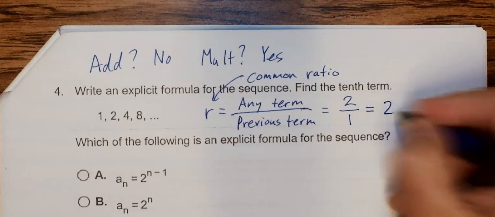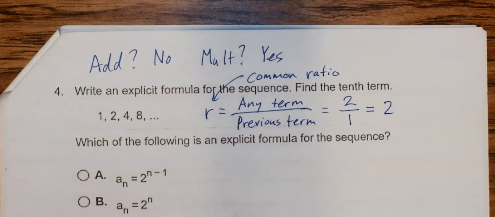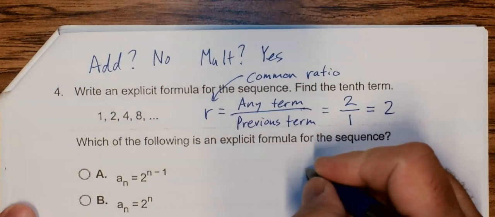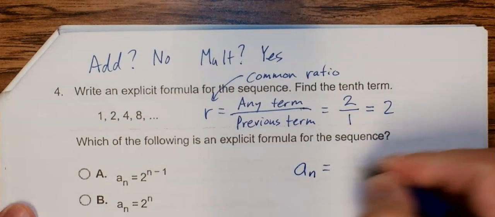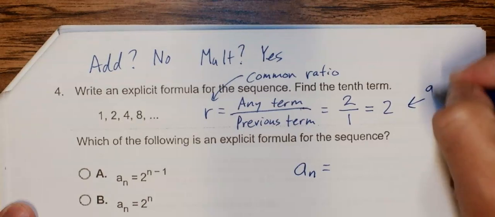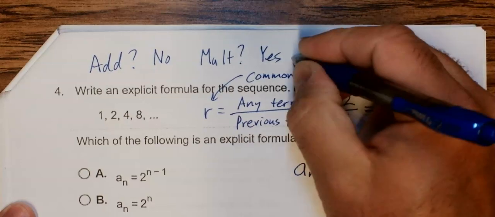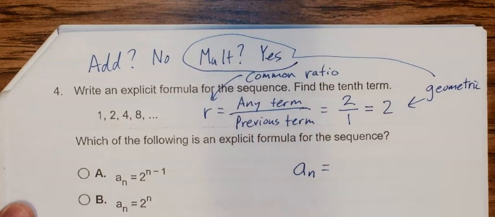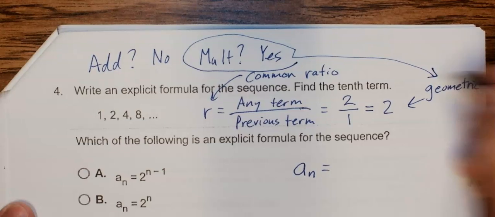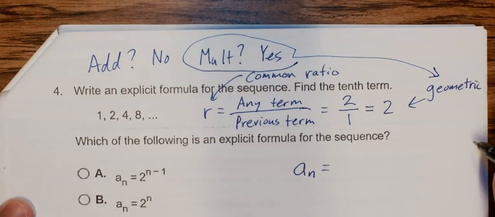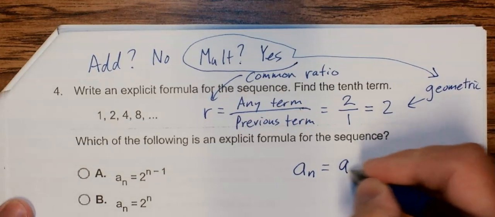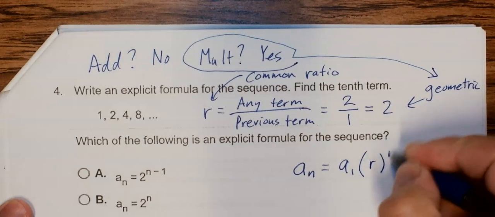Well, hopefully you know that's 2. So we are going to multiply by 2 every single time. The formula for this would be geometric then, because geometric goes with multiplication. So we would need the first term times r to the n minus 1 power.